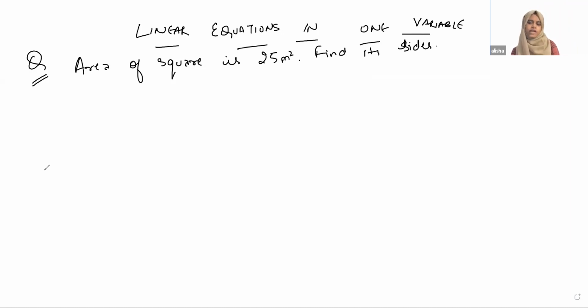Area of square is 25 meters square. Find its sides. Just wrote the question.